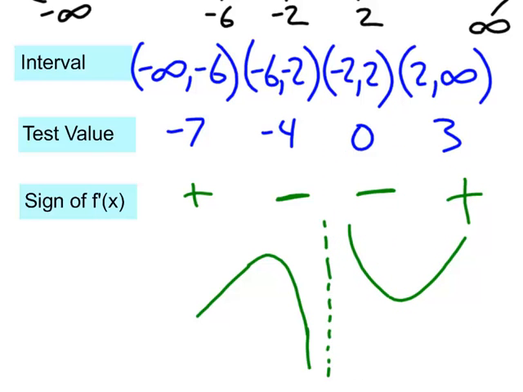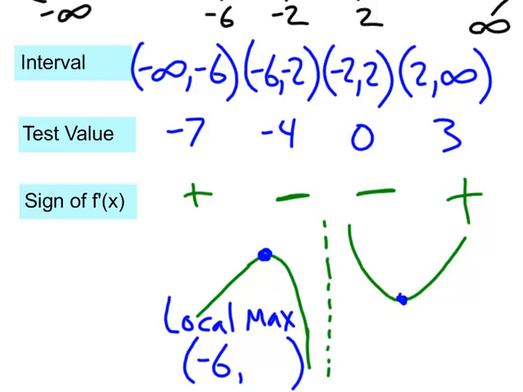And we can at least conclusively say by the first derivative test that this is our local maximum. And that occurred at x equals -6. We can say that this is going to be our local minimum. And that occurs at x equals 2.